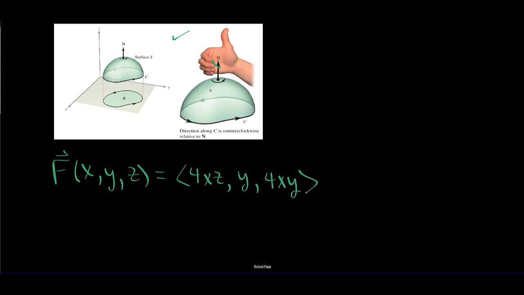And let's suppose that the surface is generated by z equals 9 minus x squared minus y squared, and we'll say that z is greater than or equal to 0.